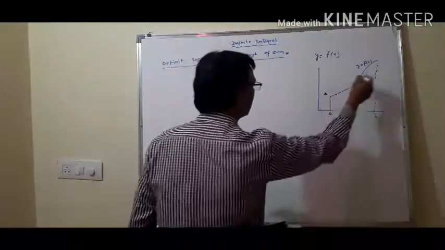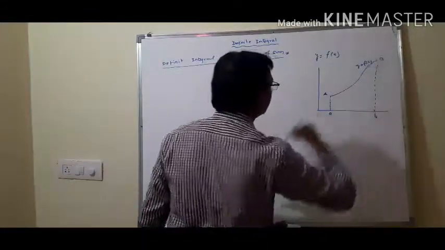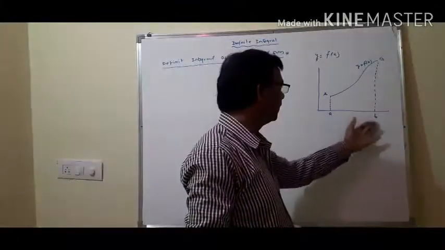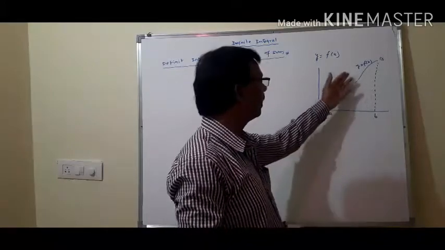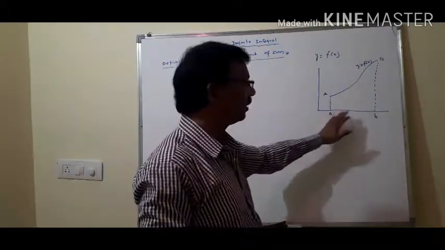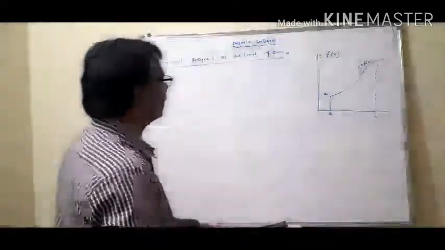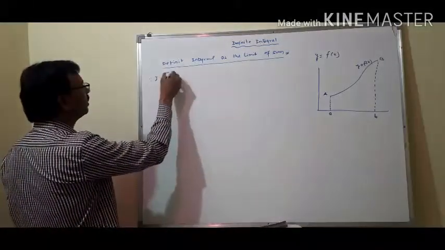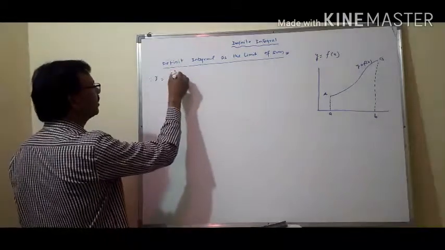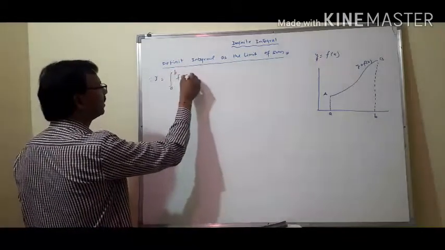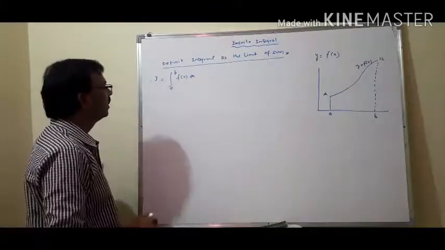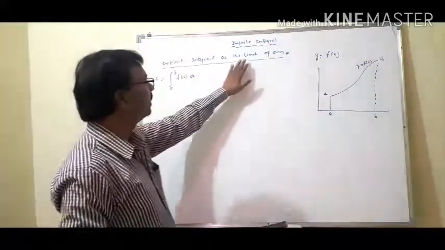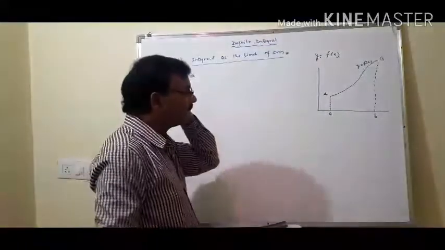Suppose this is capital A and this is capital B. Now the area ABBA is the integration of f of x from a to b. We try to find the value of I equal to the integral from a to b of f of x dx by the limit of a sum.